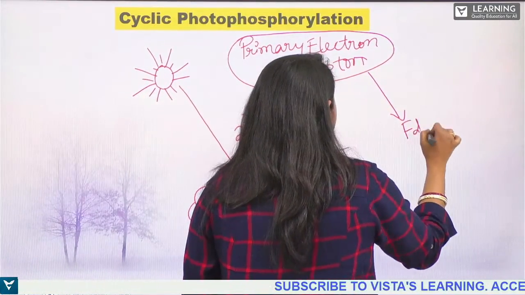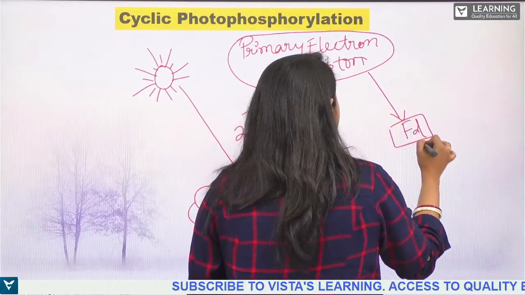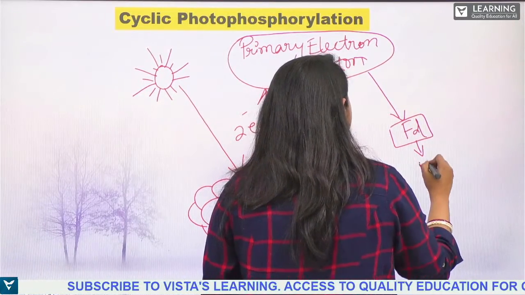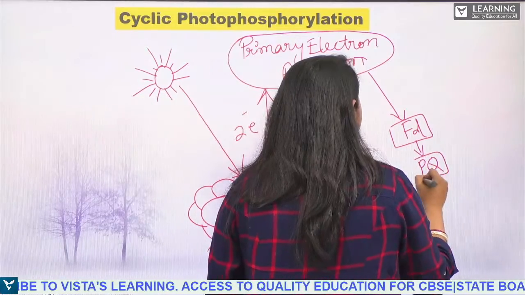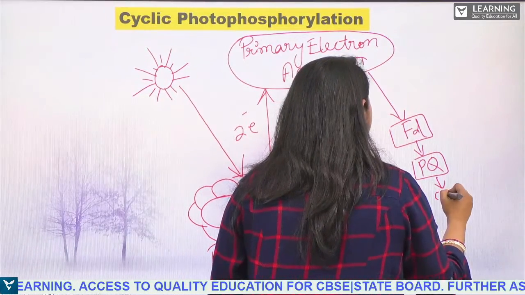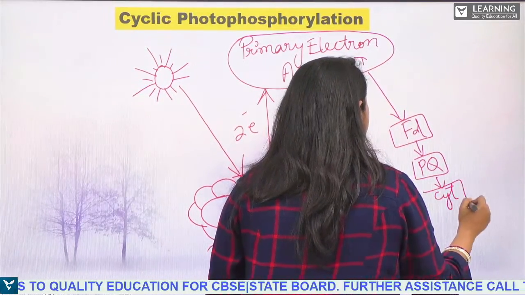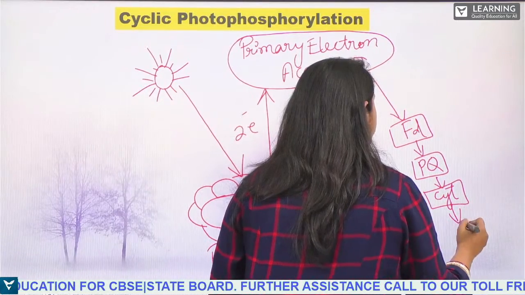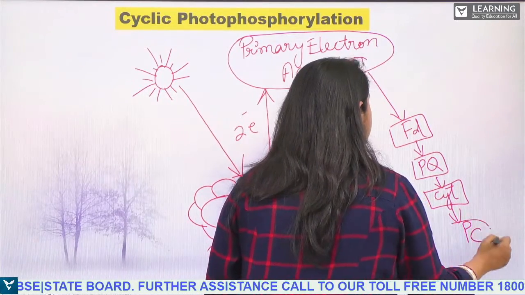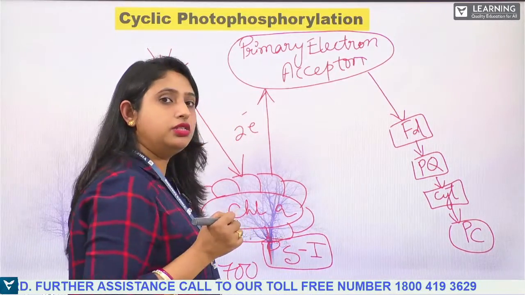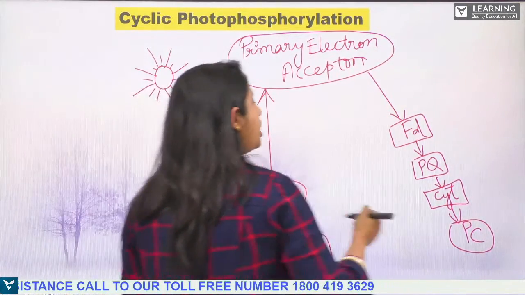Here is the ferredoxin. After the ferredoxin is the plastoquinone, then the cytochrome, and then after the cytochrome is the plastocyanin, right? Now during this process, what happens?